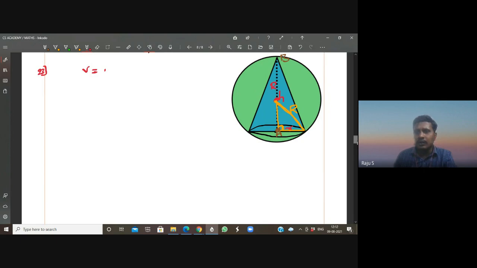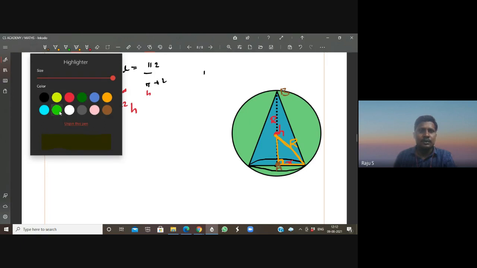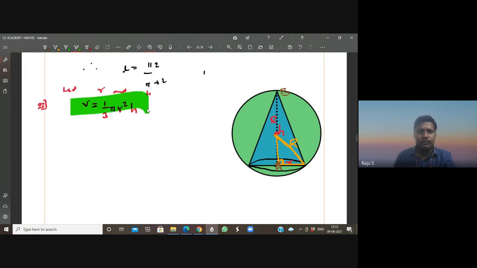Before that you have to write: let small r and h be the radius and the height of the circular cone respectively. Then the volume of the cone is V is equal to 1/3 pi r square h. Okay students, this is the volume. So let us take this as equation 1.